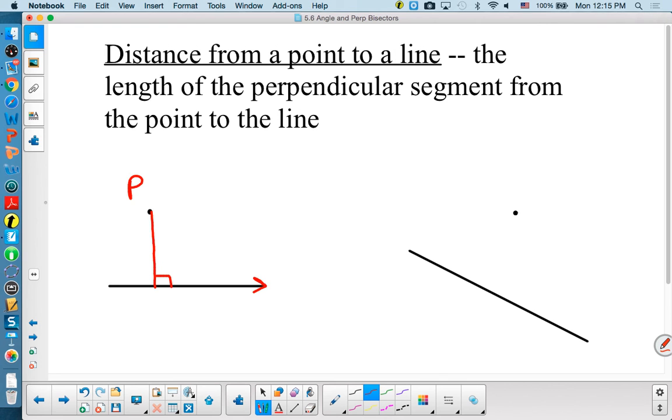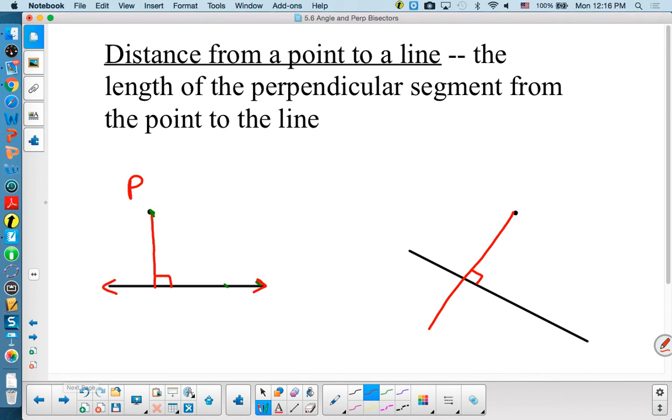Now, if you went at a different angle, you're going to get longer segments depending on what angle you're at. We don't want the length to be a lot of different possibilities, so we define that the distance is the exact perpendicular. So on the second one, it's at a slant. The perpendicular is probably about in there.